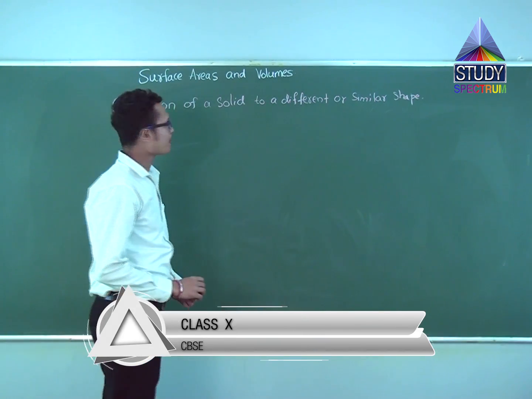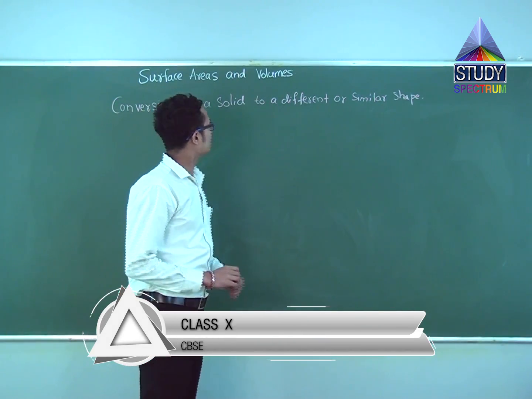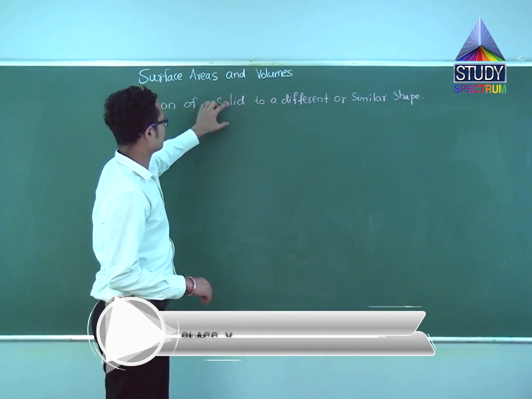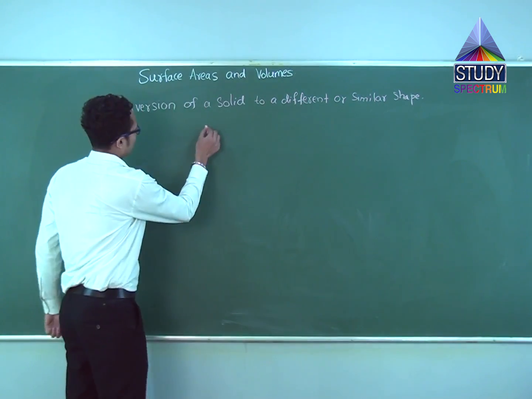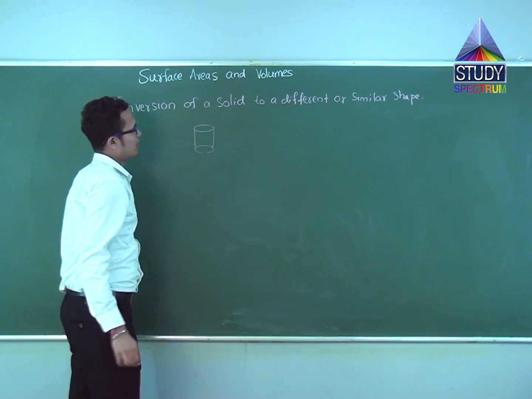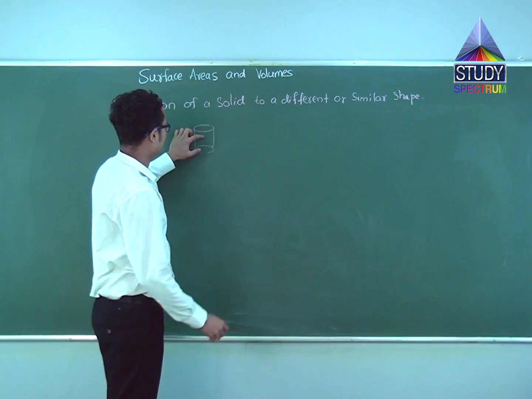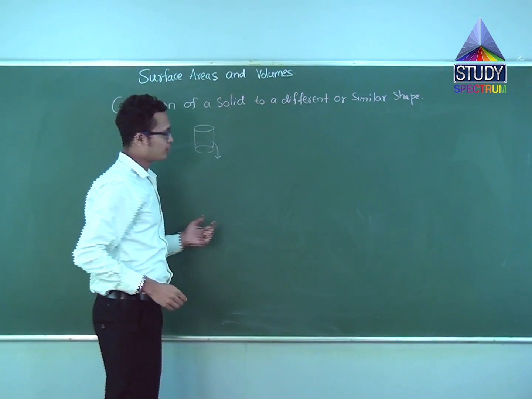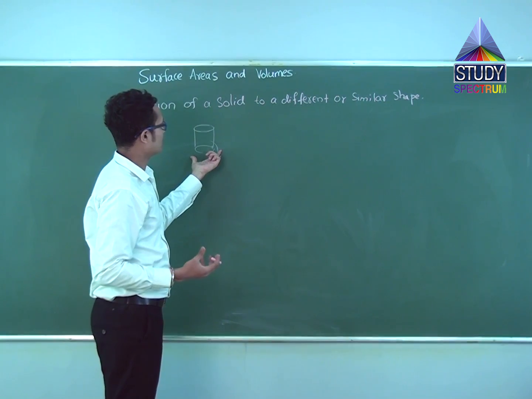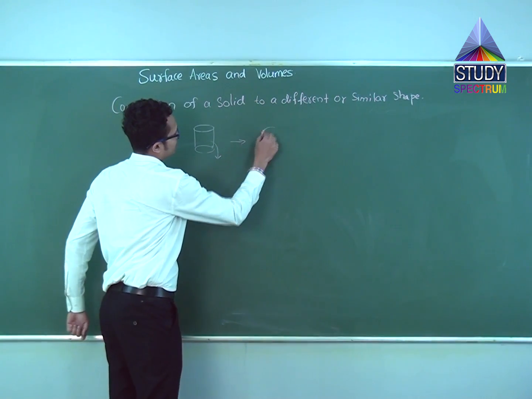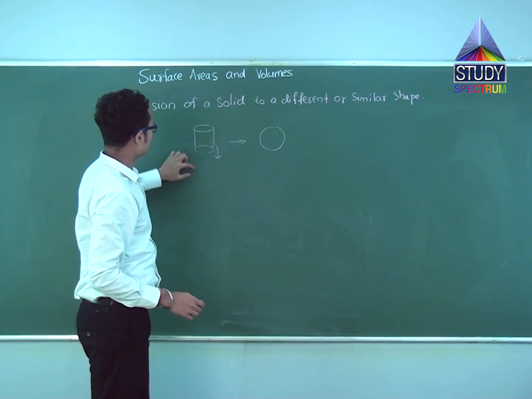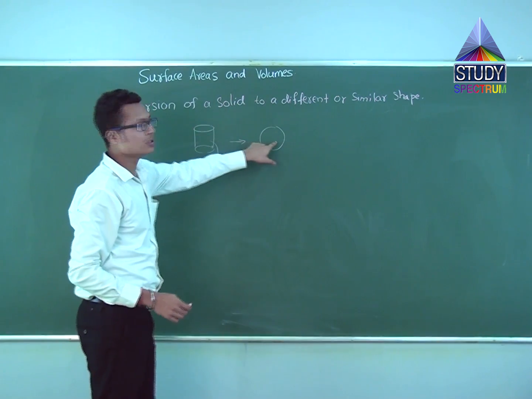Conversion of a solid to a different or similar shape. What I mean by this statement is, if I am taking a cylinder made up of iron, and I melt it and pour this molten metal into some cast to get a sphere, what I am doing here is converting the shape of the object to a sphere.